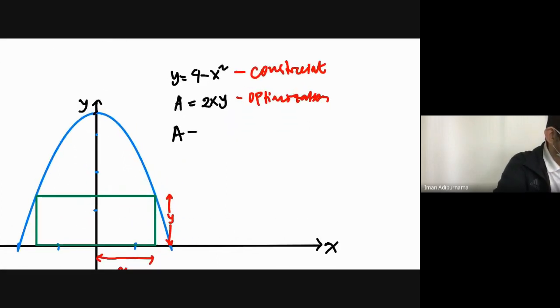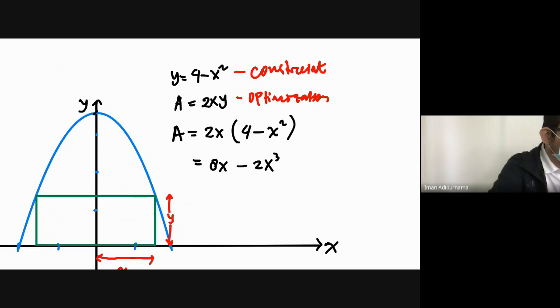For the area, it's 2x times 4 minus x squared. We can solve it for the function here. And let's say this is our model that we are going to utilize to find the optimum dimensions.